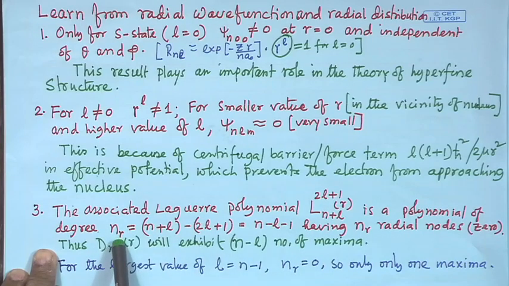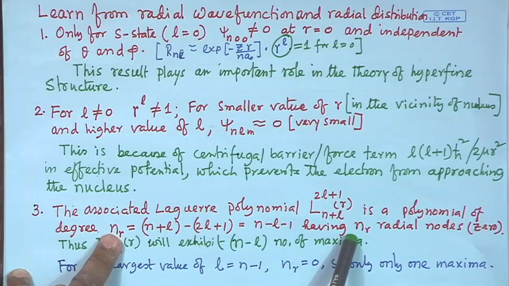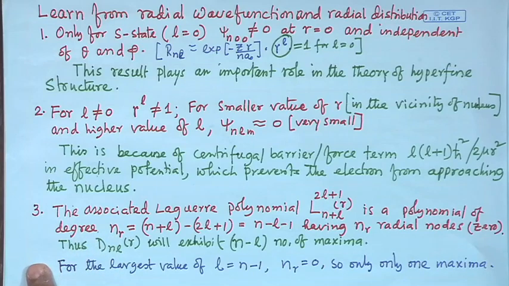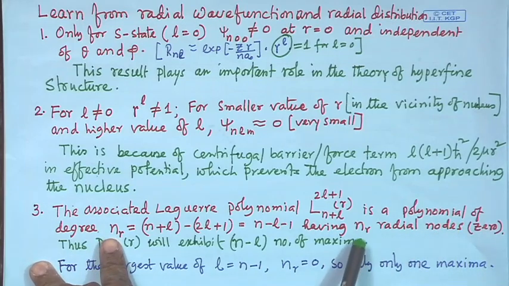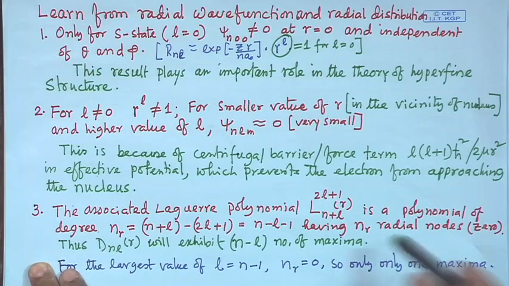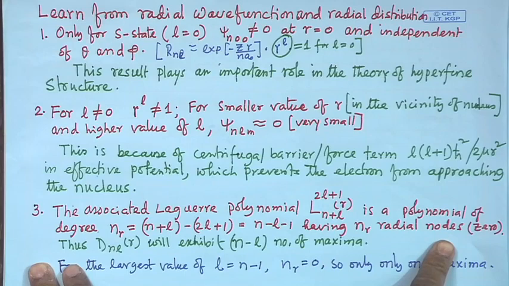So n r signifies the number of radial nodes, meaning the points where this wave function will be 0, that are called the nodes, when we plot the wave function as a function of r.